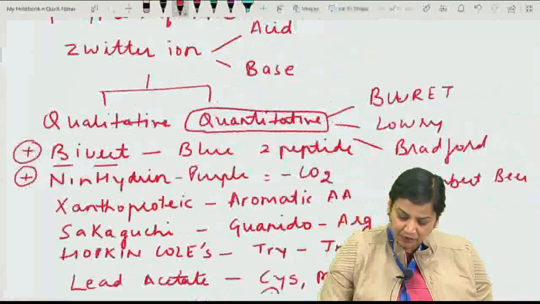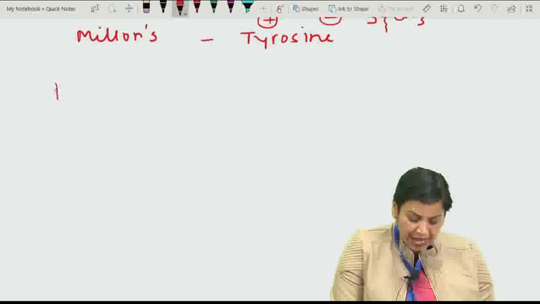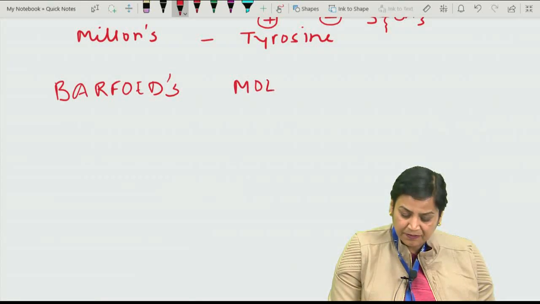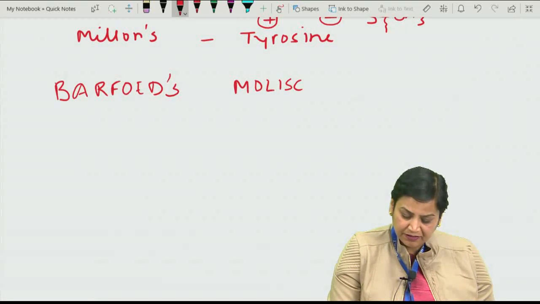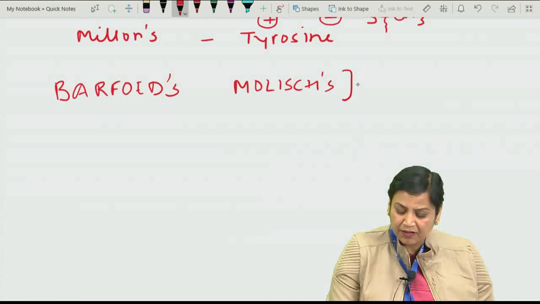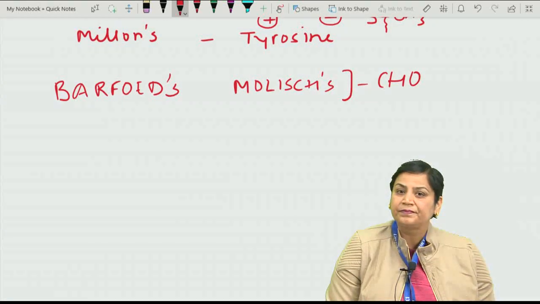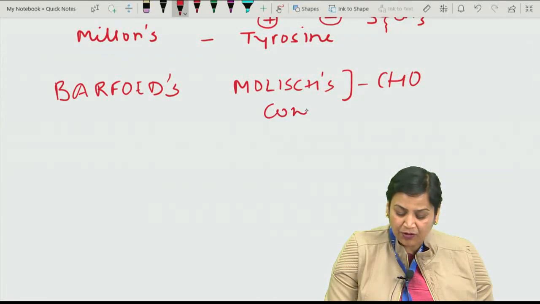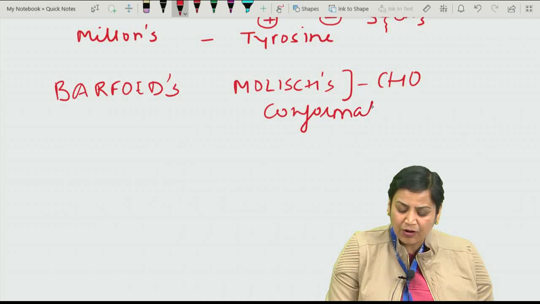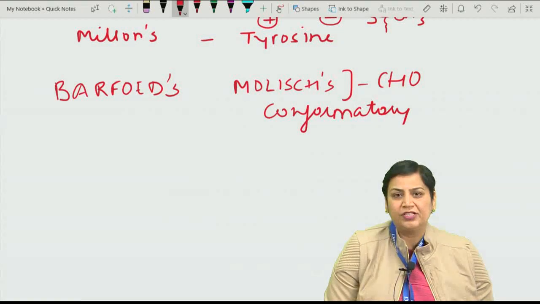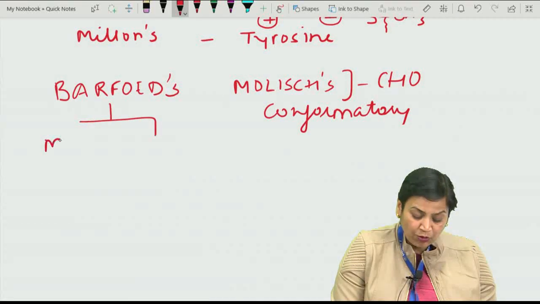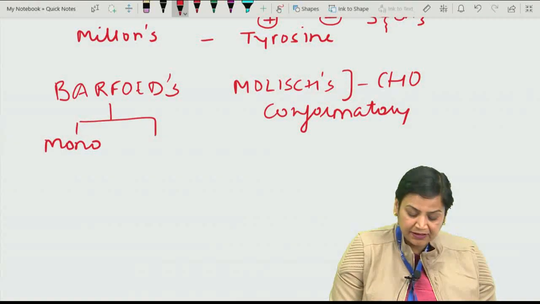Barfoed's and Molisch are the tests for carbohydrates. Molisch test is considered to be the confirmatory test for every carbohydrate. Every carbohydrate will give a positive Molisch test. Barfoed's test distinguishes between mono and disaccharides.